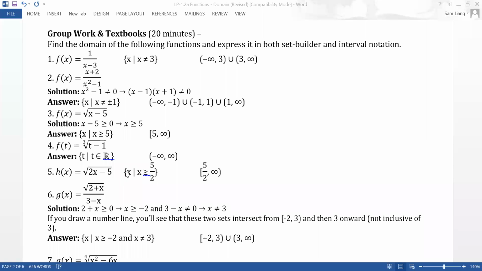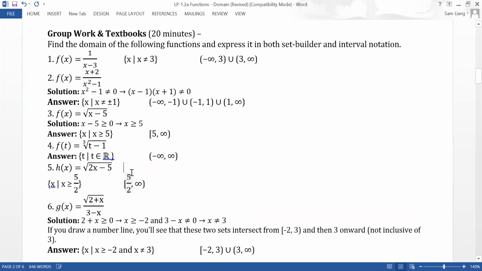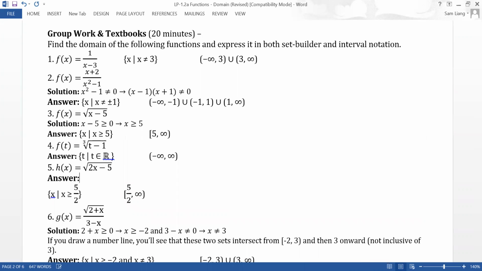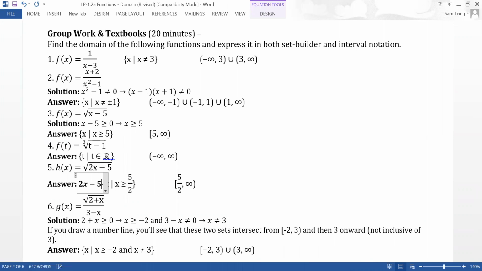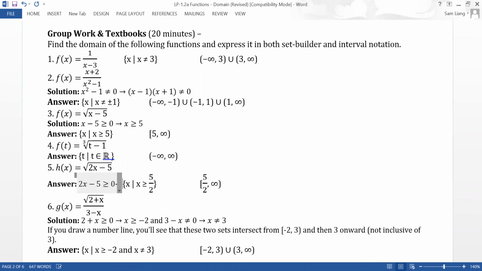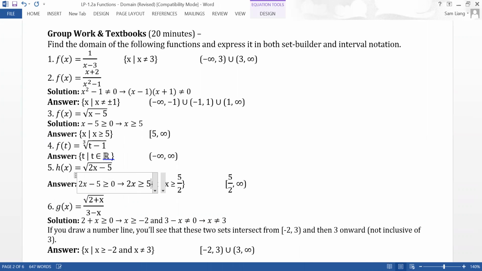All right, next we have another square root. Let me just copy this. All right, so 2x minus 5 greater than or equal to 0. 2x is greater than or equal to 5.